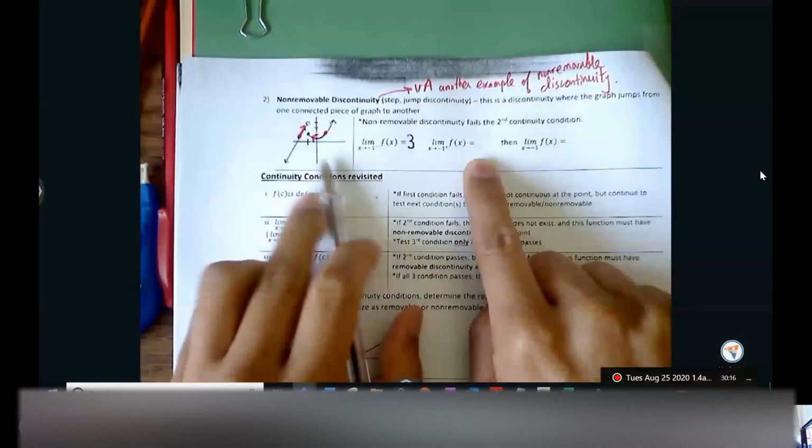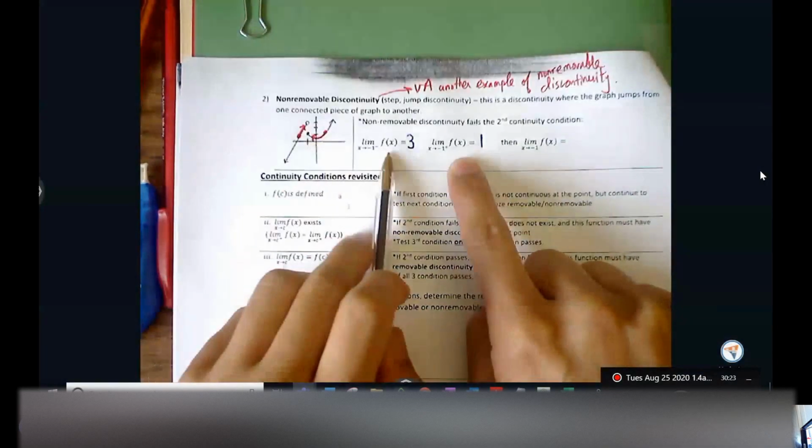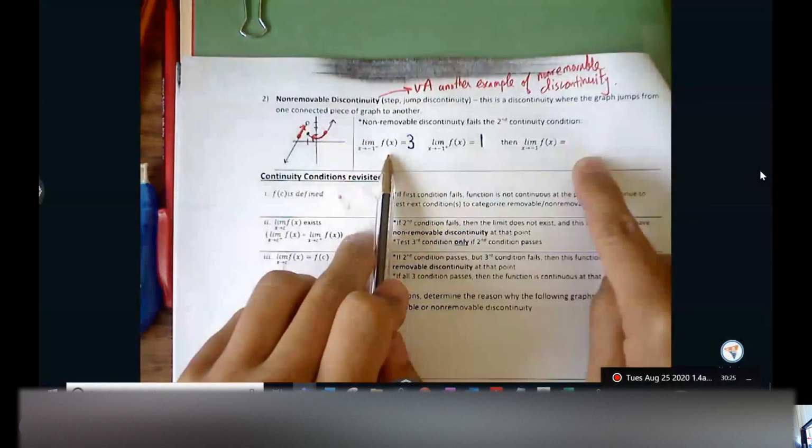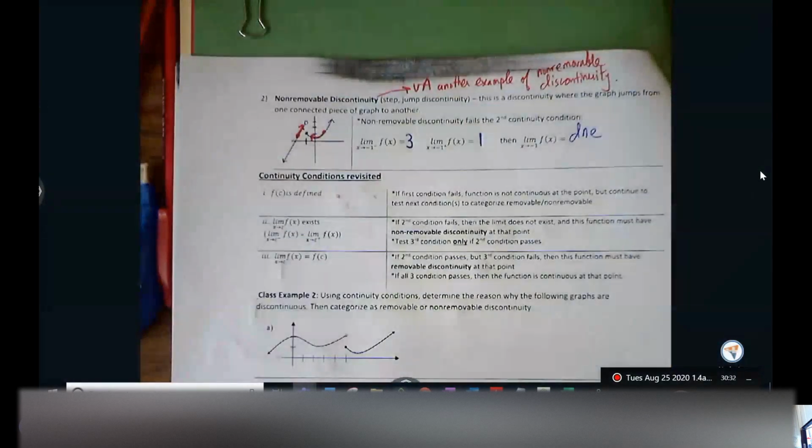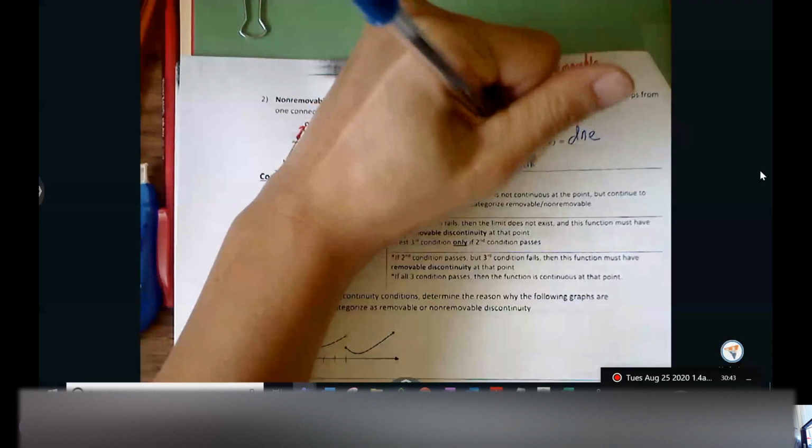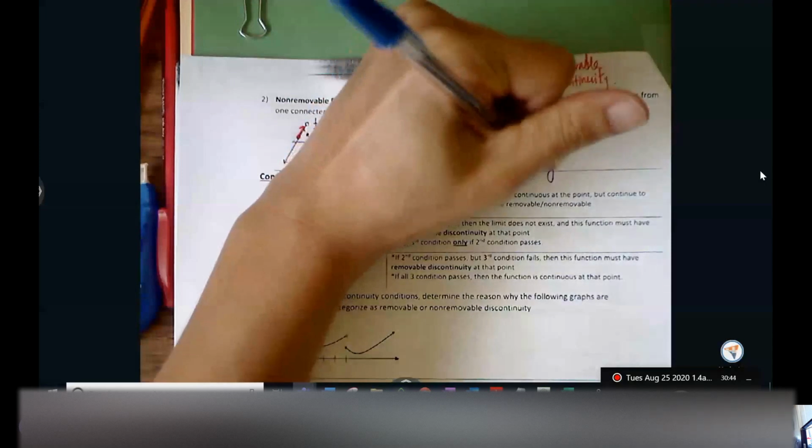This one is approaching positive 1. Because these don't agree, we know the limit doesn't exist. And whenever your limit doesn't exist, we can stop and say we have a non-removable discontinuity at x equals negative 1.